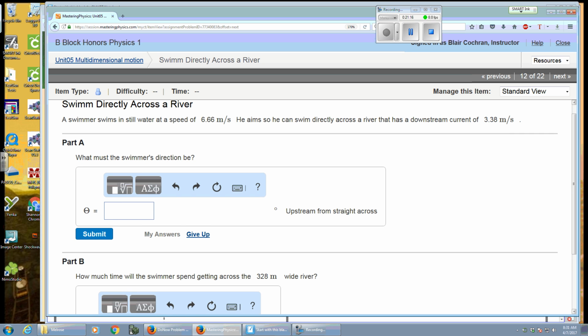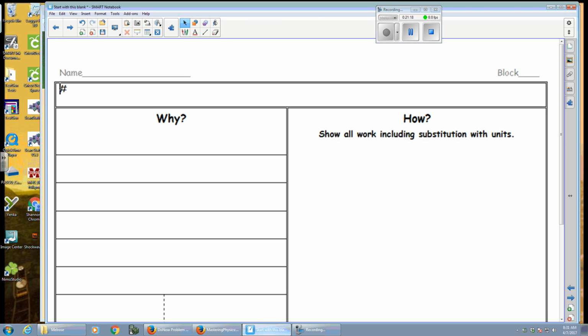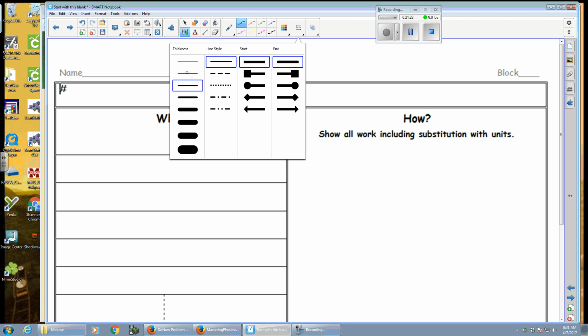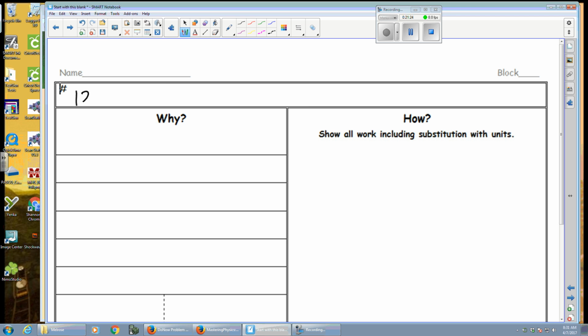So for your y, this is what, 12? For your y, it'd be good to have some facts about relative motion, right? And maybe something about vectors.